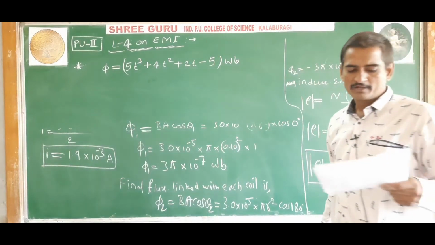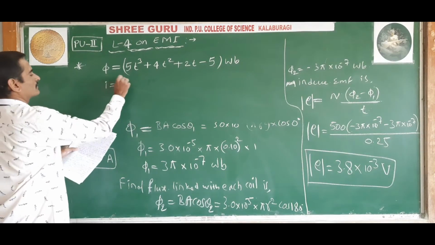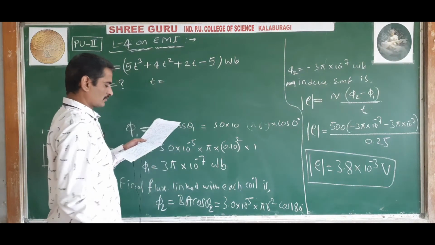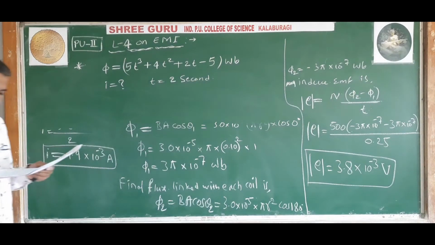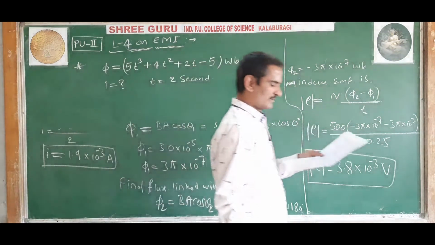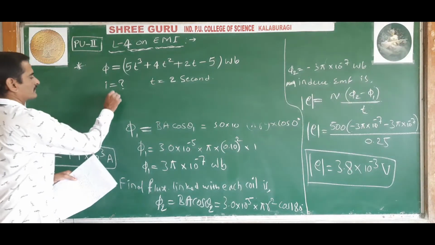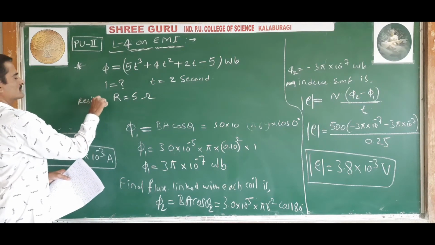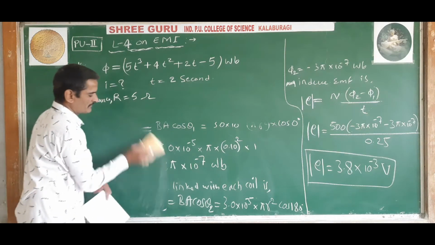Calculate the induced current through the coil at time t is equal to 2 seconds, if the resistance of the coil is 5 ohm. See here, this question is different.